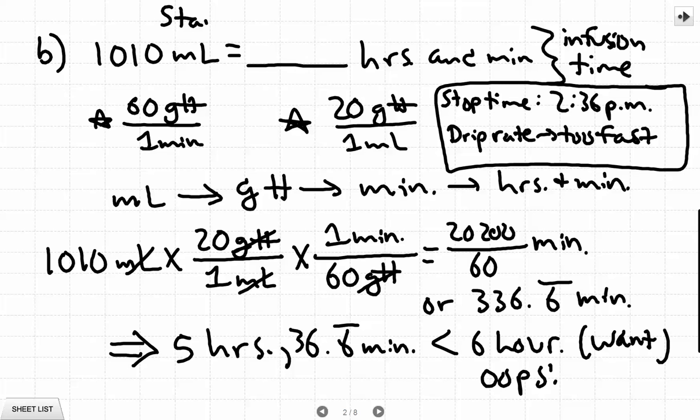We were told it was a 6-hour infusion that should have stopped at 3 o'clock in the afternoon. So that must have meant that they started the infusion at 9 a.m. So if you start the infusion at 9 a.m. and the infusion goes for 5 hours and 36 minutes, then there you have 2:36 p.m. So the drip rate was too fast because we came up well short of the 3 o'clock desired stop time.